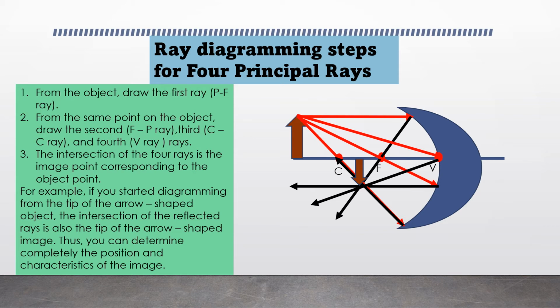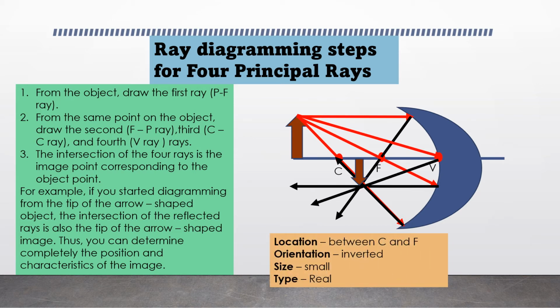So, how will you describe it? As to the location, if the object is located beyond the center of curvature, therefore the image will be located between C and F. And the orientation of the image is inverted. The size is smaller than the object. And then the type is real.